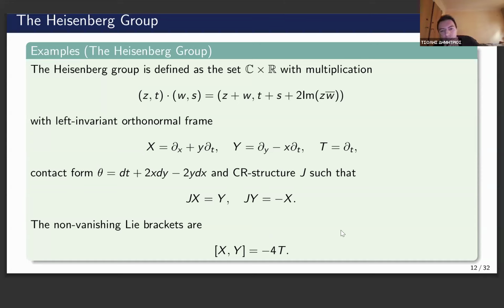And this gives us an application of the Heisenberg group. We see that the Heisenberg group, as the name suggests, named after the famous physicist Werner Heisenberg, has applications in quantum mechanics.